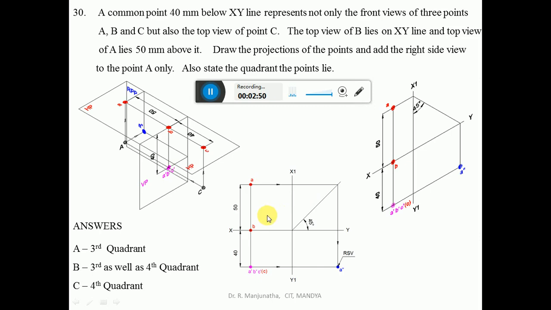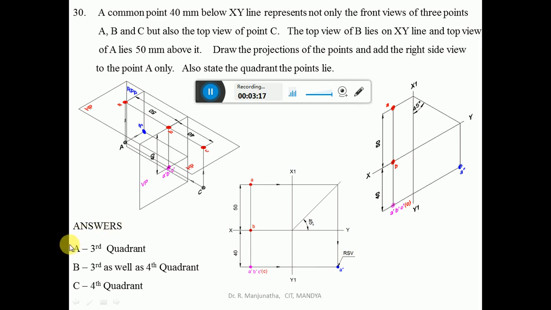Then this vertical distance is transferred into the horizontal distance here. Draw a horizontal projector from the front view A dash to the side view, and from here draw a vertical projector where it intersects. That point becomes A double dash, the right side view, and you mark this as the right side view.